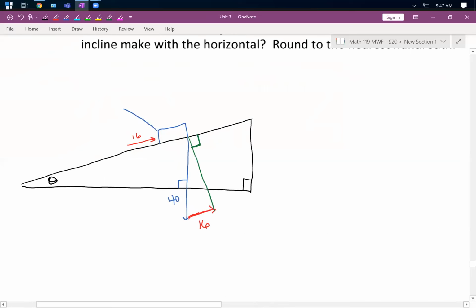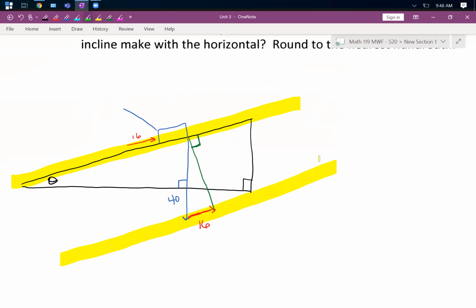And now we're ready to use our parallel lines and our transversals. So two parallel lines. The first transversal it's cut by is this green one here. Alternate interior angles are congruent, making this angle right here 90 degrees.